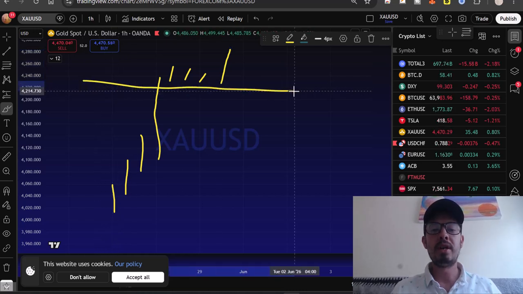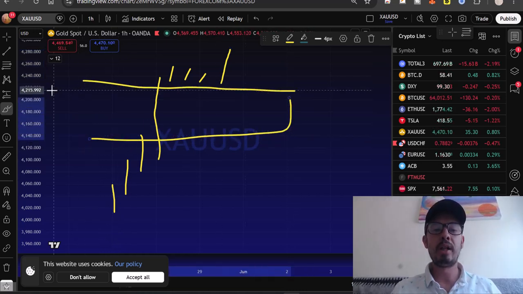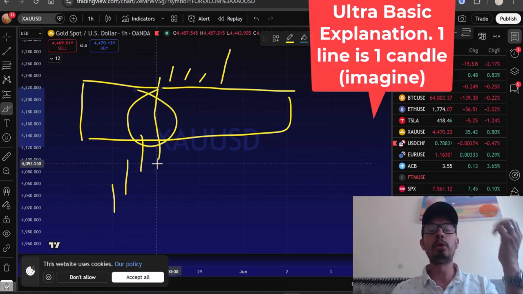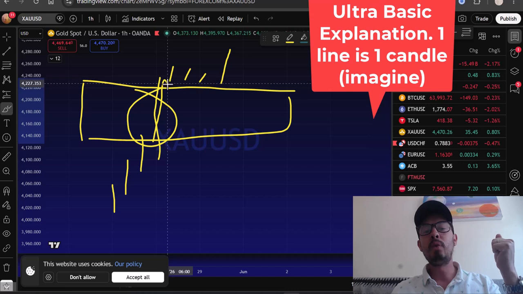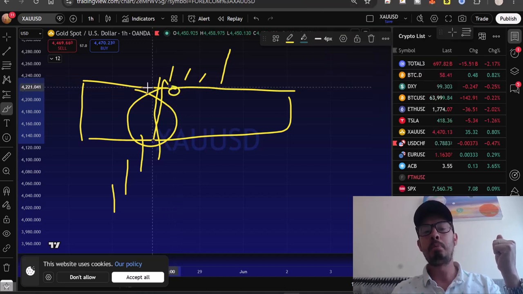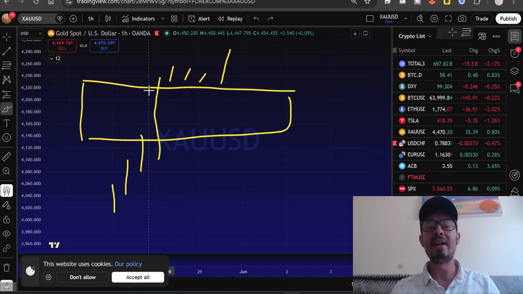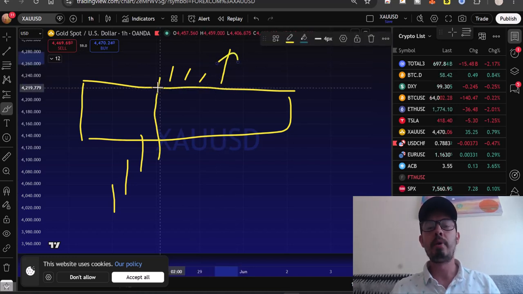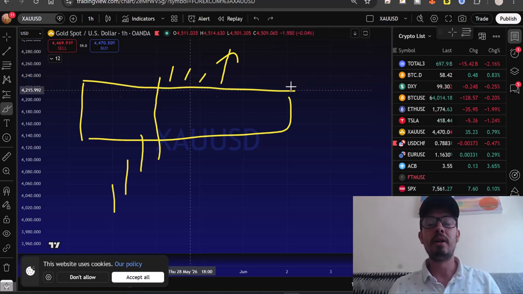What do we see here? This is our fair value gap right here. This big candle broke through all of a sudden, boom, then went back down to retest that previous candle high before it continued its way up.